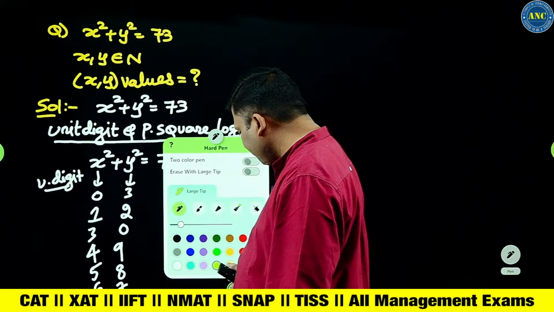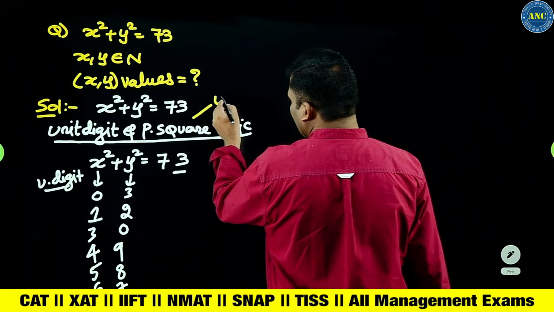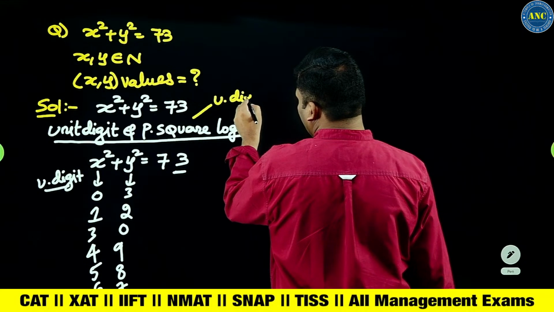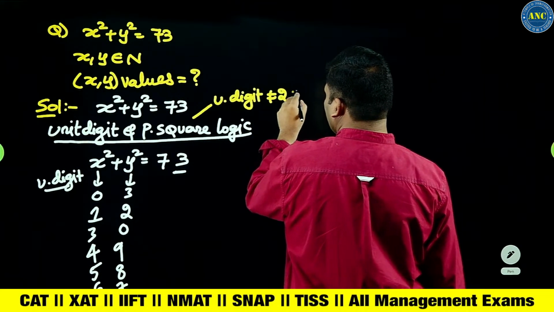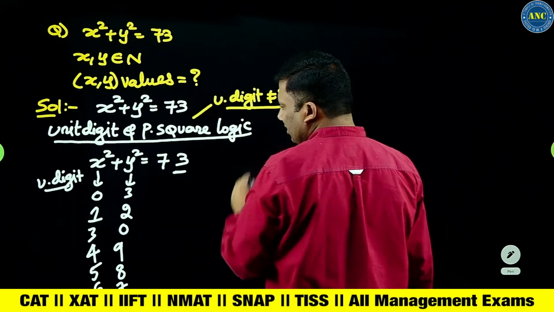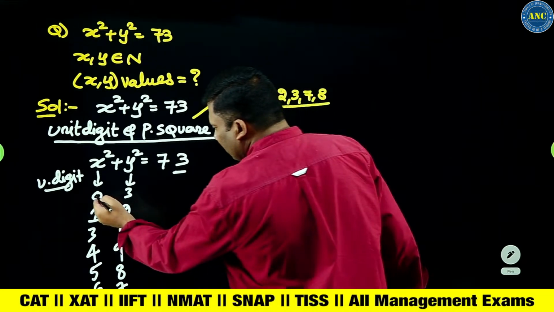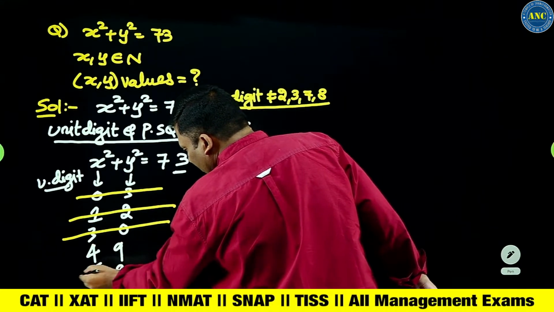Now listen. What is the logic? A perfect square unit digit cannot be 2, 3, 7 or 8.